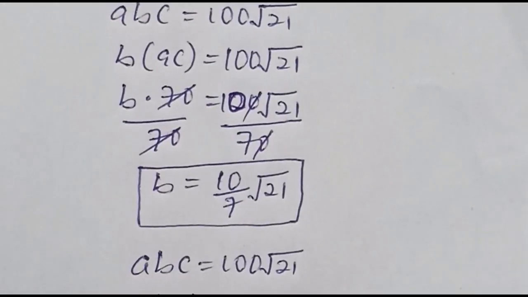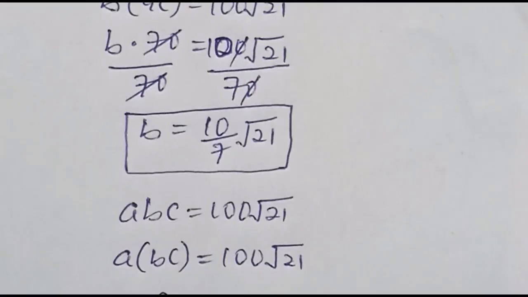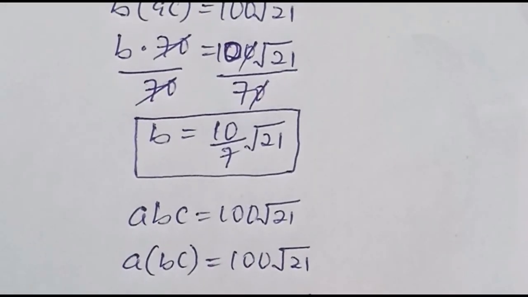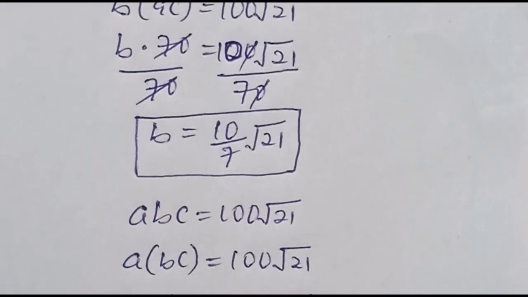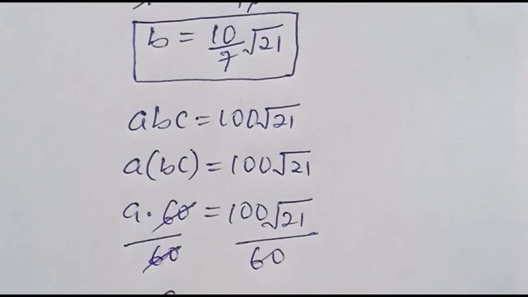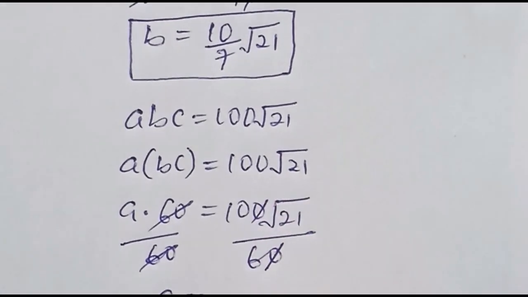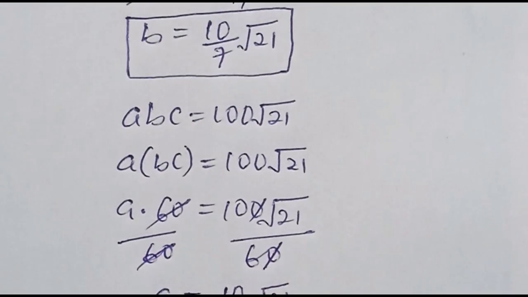So our BC is given by 60 equal to 100 square root of 21. So I divide both sides by 60. This cancels out each other. I have A equal to, this is 0, go with this. So I have 10 over 6 square root of 21.